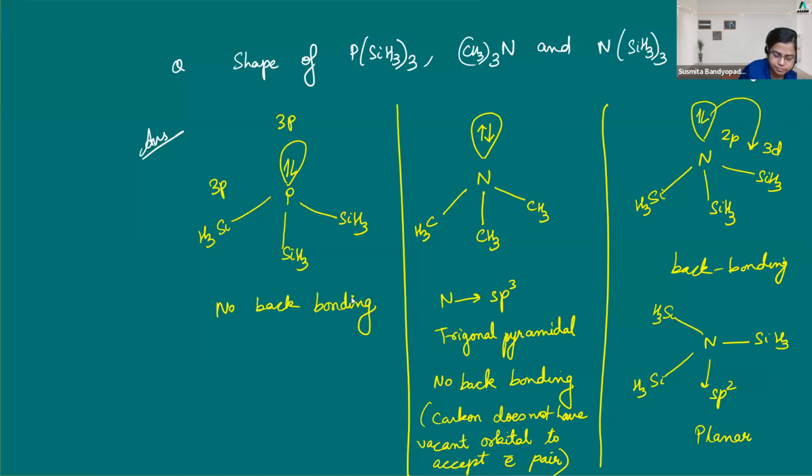Yes, correct. No back bonding. 3p, 3p: difficulty in overlapping, too large to overlap and form a bond. Very good. These two I had only discussed. This one I had added to the list.